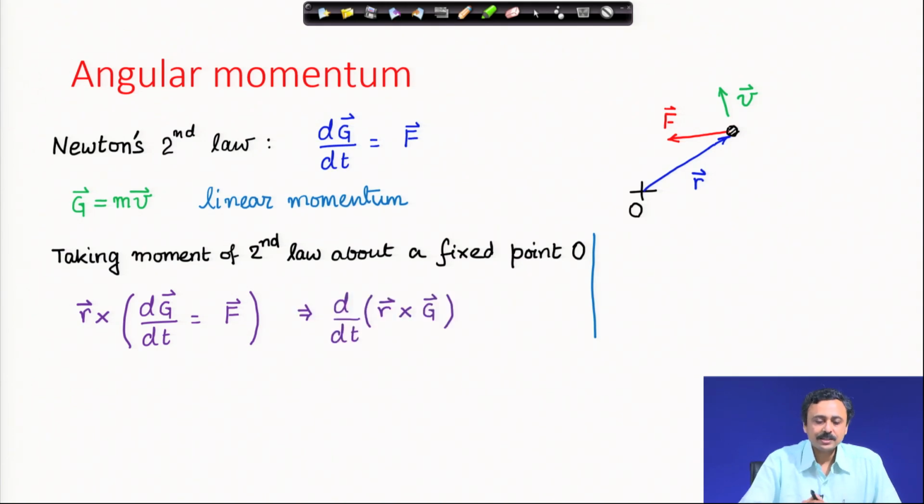Let us see what this is, d/dt of r cross G. If you do this cross product, this is the time derivative of a product.